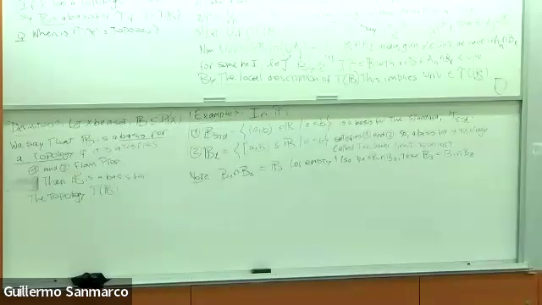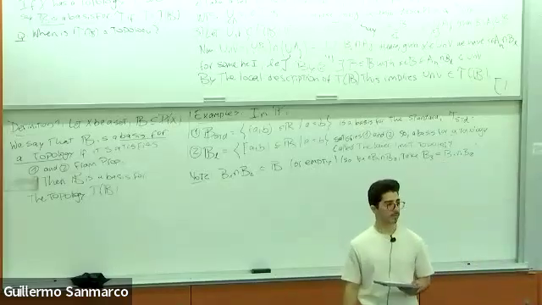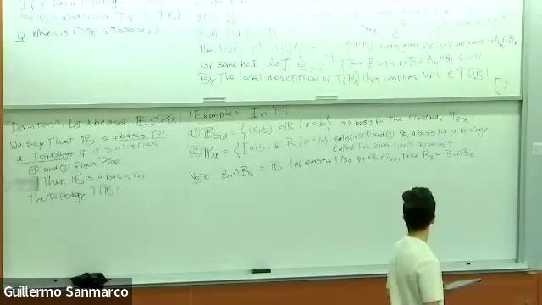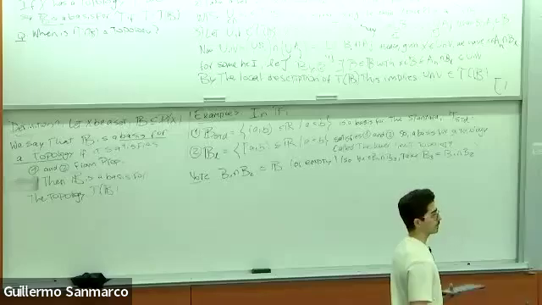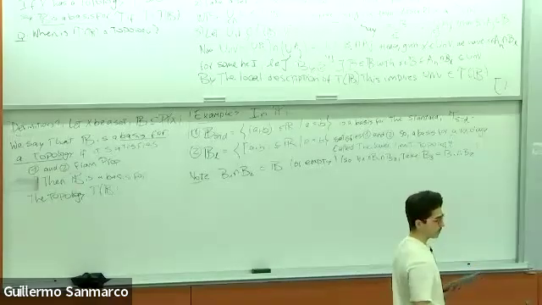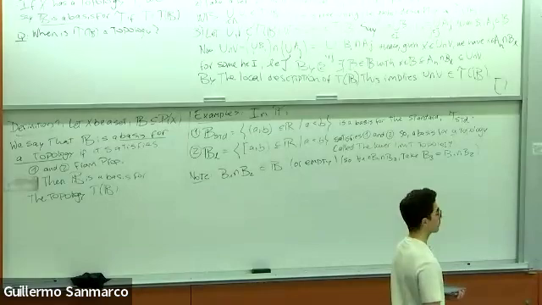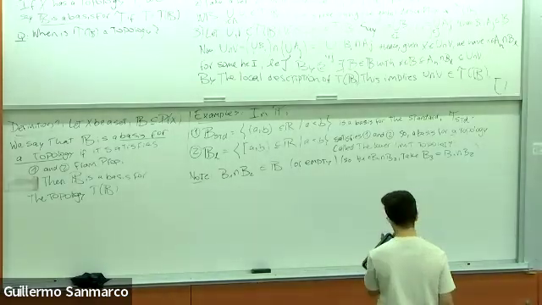But for example, the standard topology is defined as the open sets in R such that for every x in U there exists epsilon greater than 0 such that B(x, epsilon) is contained in U. So this B is the interval, which we write as (a minus epsilon, b plus epsilon) or whatever. The B for the standard topology is just the intervals, and all of the unions of these would define the standard topology.